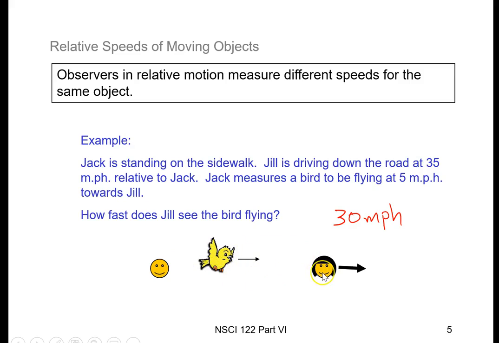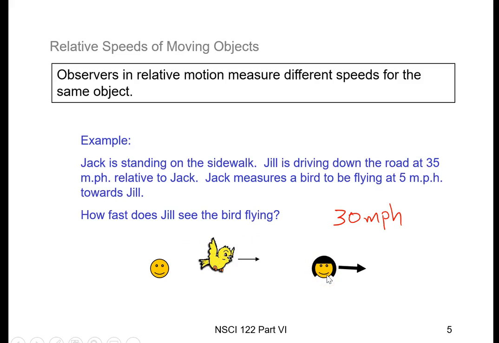Now, I know what you're thinking. You're like, yeah, but wait, Jill knows she's in the car pulling ahead of the bird. But no, just imagine that Jill is viewing herself as stationary in her own coordinate system, at her own origin, if you will. Relative to that origin, the bird is definitely traveling to the left.